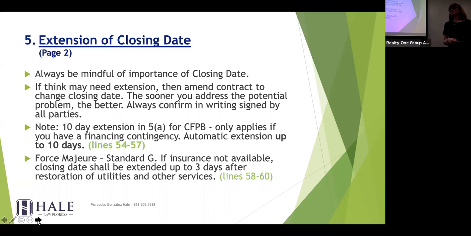I had a situation where there was an extension to the contract. Listing agent didn't use the form. I, of course, get the phone call. But I had all these conversations with the seller, and he agreed, and he did. I'm really sorry. He got lucky that the buyer needed an additional extension.